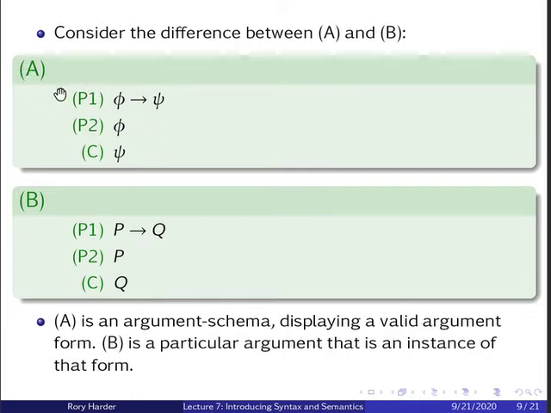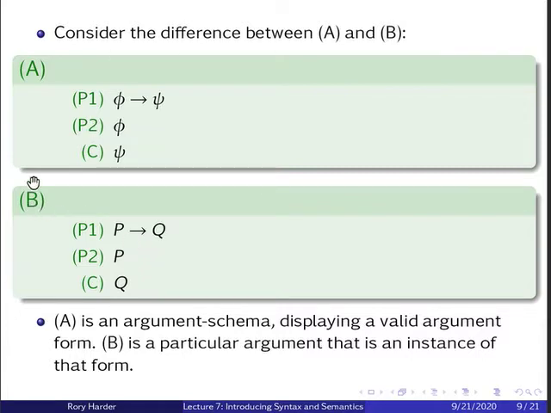So what A is giving us is a form of argument. It's saying whichever sentences you plug in for phi and psi, you will get an argument of this form, modus ponens, which is a valid argument form. On the other hand, B is a particular argument because we're using particular sentence letters.